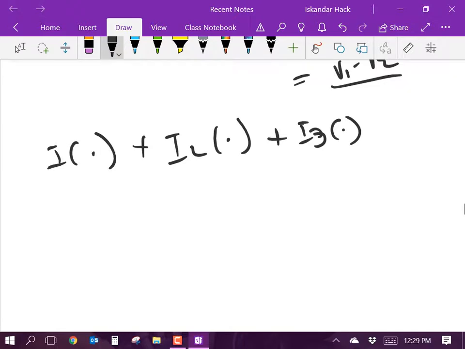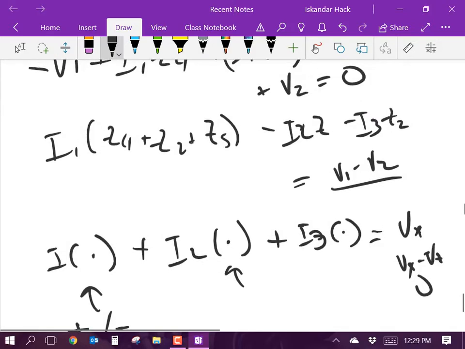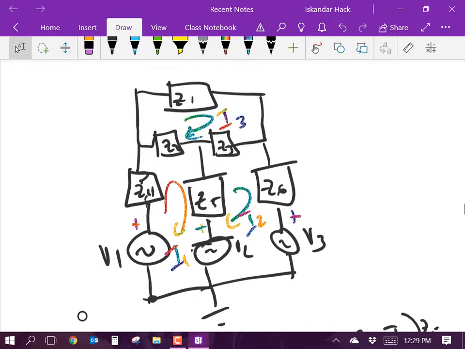Of course this is going to be some impedance, this will be another impedance, and these could be plus or minus, and equal to some V. I'm going to call this Vx, and it could be a V sub Y minus V sub Z, or it could be 0, because if I look at the first loop, the one on the top, there are no voltages for that.